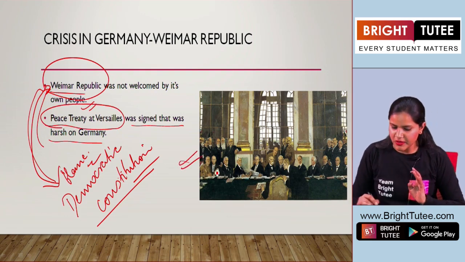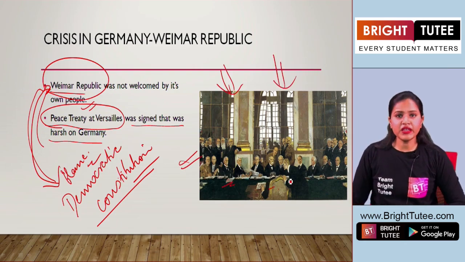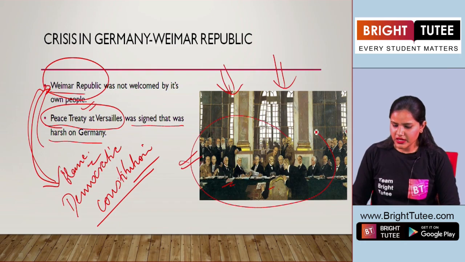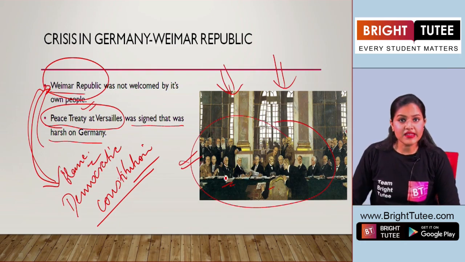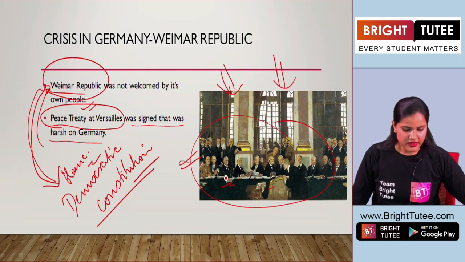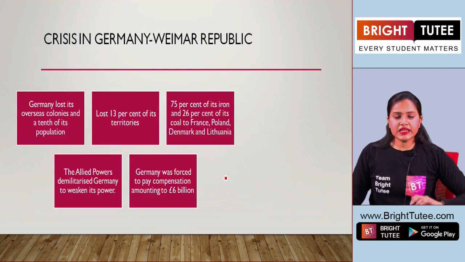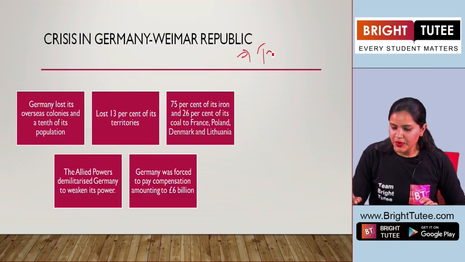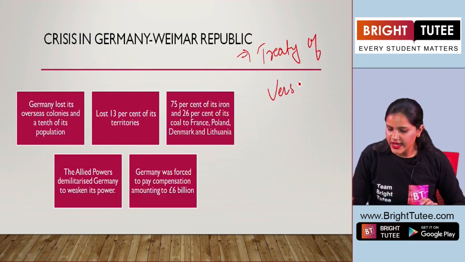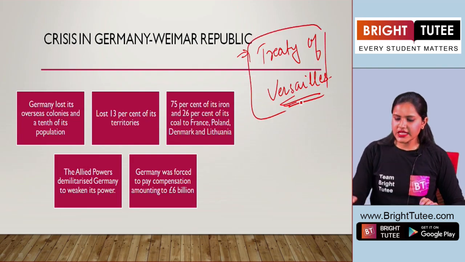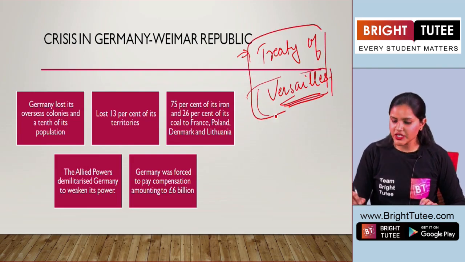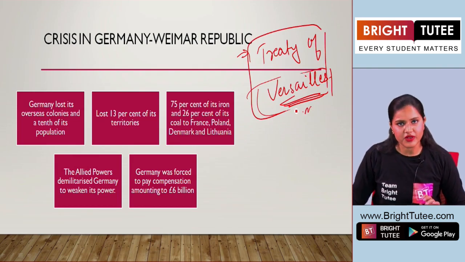As you can see in the image, all the major powers, their leaders, have joined here in order to sign the peace treaty, right? So let us see what happened in this peace treaty that was signed at Versailles, which is also known as the Treaty of Versailles. Since all the major powers met at Versailles, this treaty is known as the Treaty of Versailles.